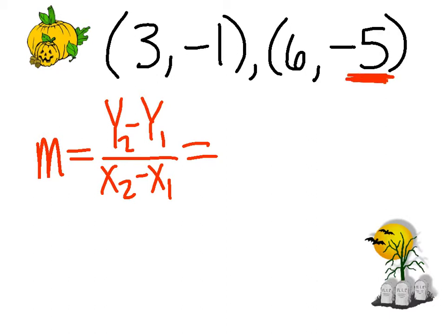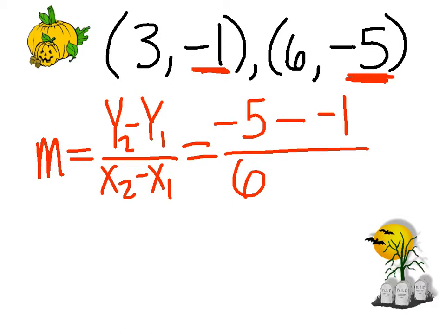Remember, our y values are in the second position of our ordered pairs. y2 is -5 minus y1, which is -1, over x2, what's x2? Minus x1, and what's our x1? Okay, so when we plug in our values, this is what it should look like.